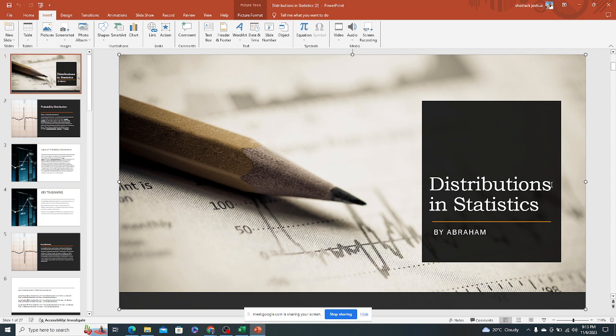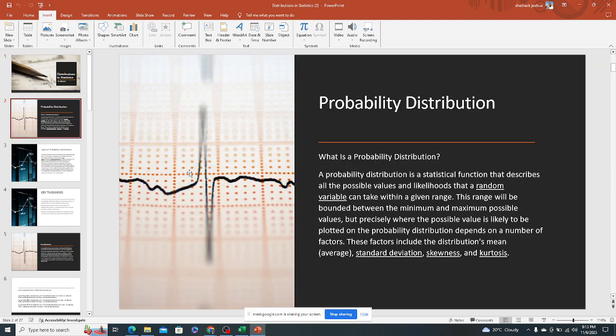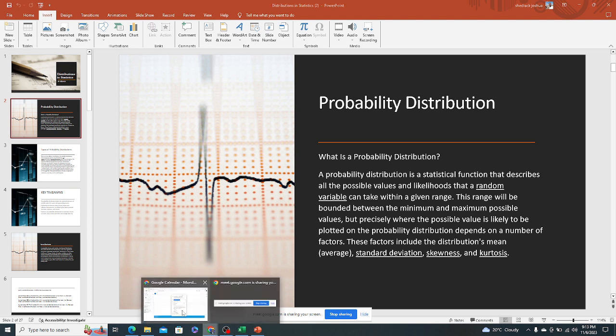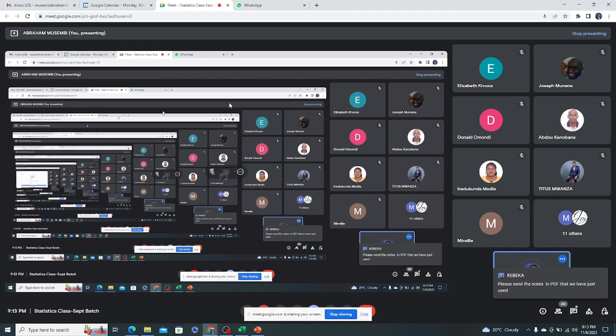When we are talking about distribution, we are also talking about probabilities, like how we can describe the likelihood of a certain event to occur.